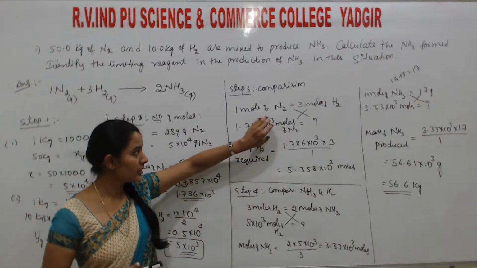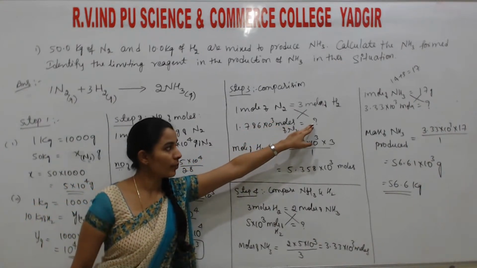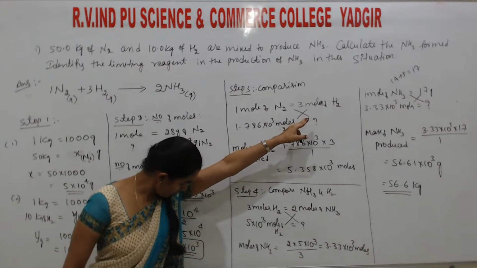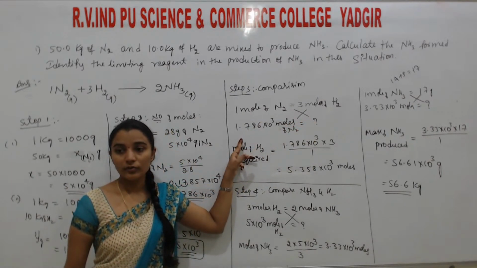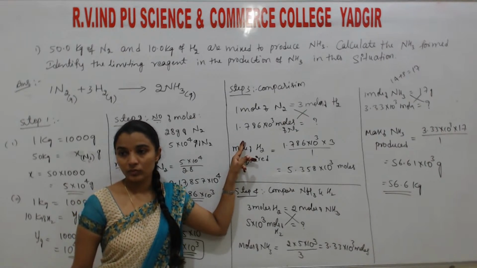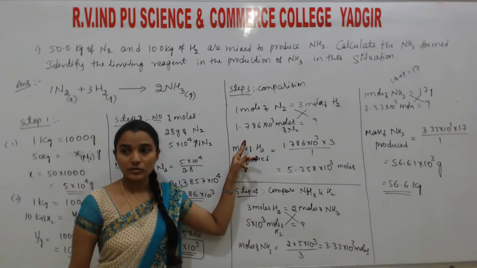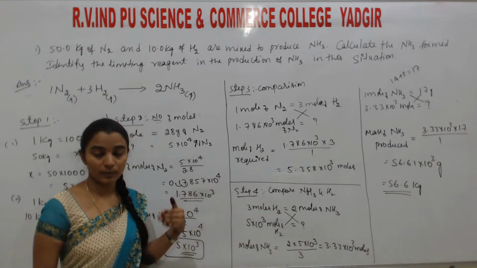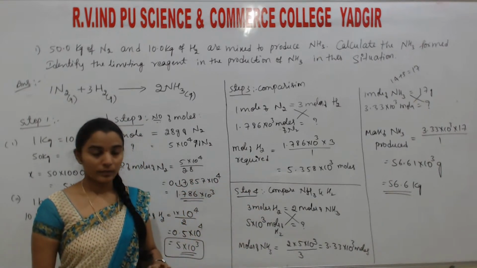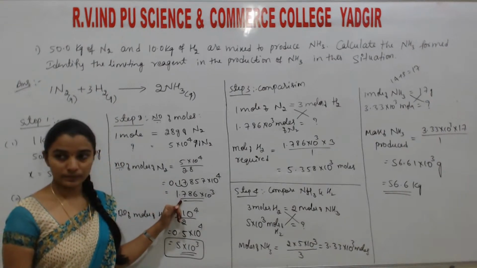If you take 5.5 × 10^3 of H2, you will get the amount of N2. So you can easily know which one is present in excess and which one is present in less by comparing.